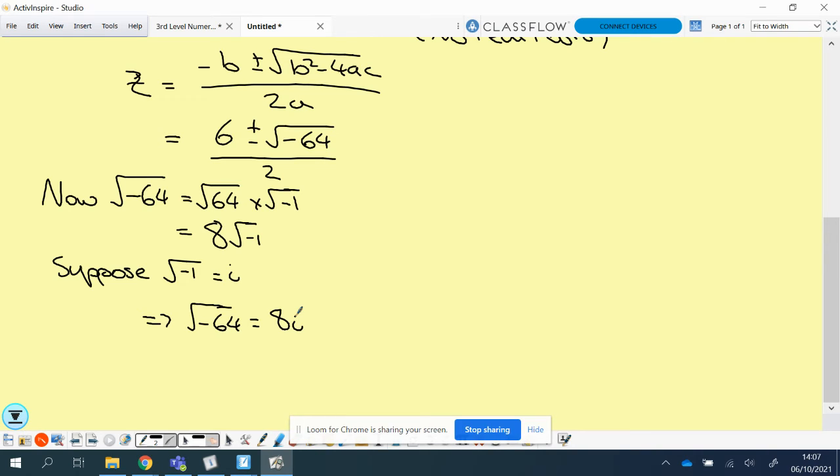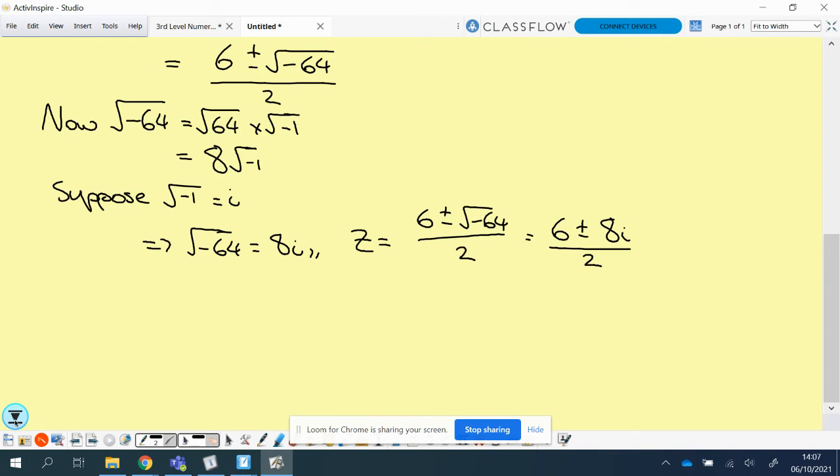Putting that into the quadratic formula again, it would be 6 plus or minus the square root of negative 64, over 2. That equals 6 plus or minus 8i, over 2, which becomes 3 plus or minus 4i.